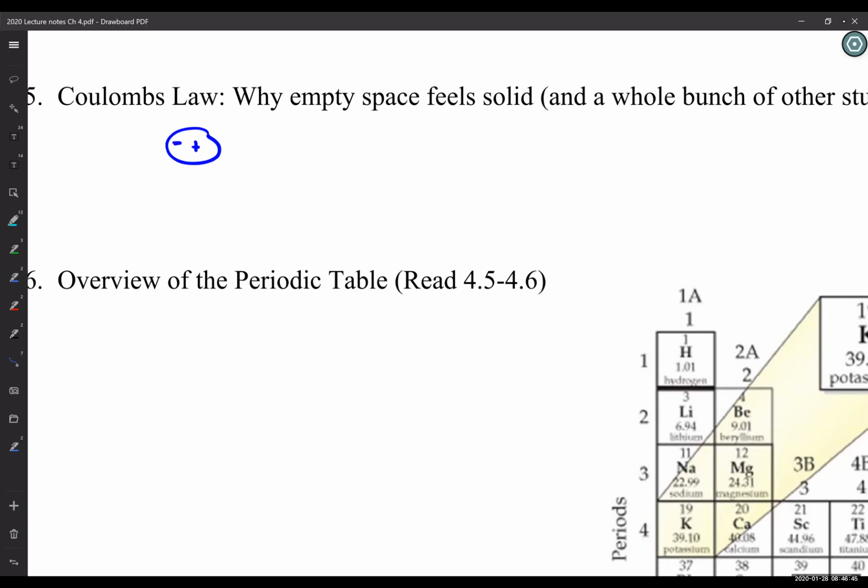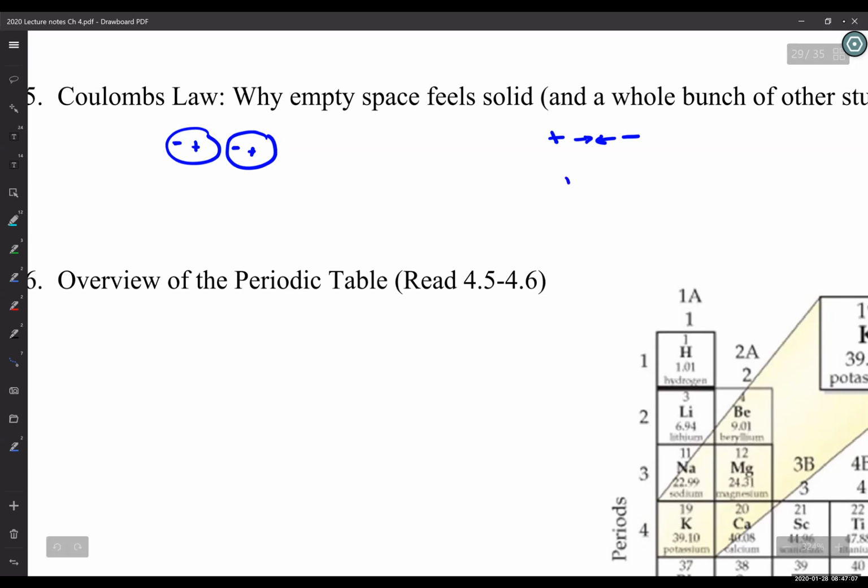If you put another atom next to it, you'll have positive charges and negative charges. Opposites attract and like charges repel. So if I have a plus and a minus, they're going to be pulling towards each other.